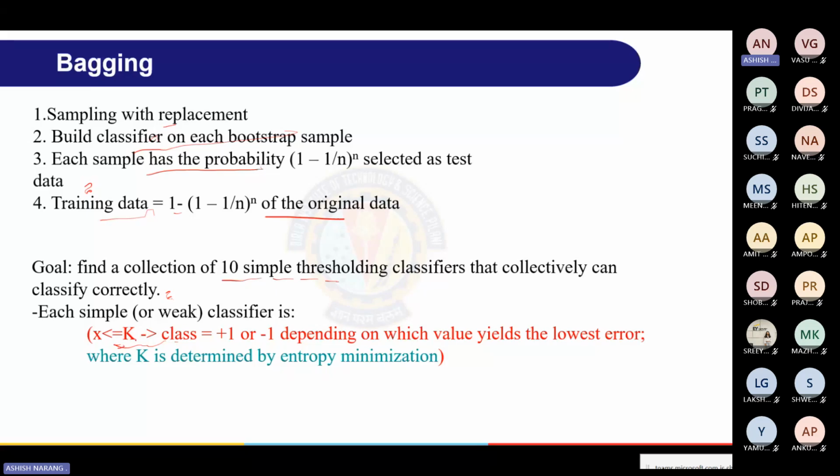Basically, if the x value is less than k, you say the class is +1 or -1, depending on which yields the lowest error. And this k is determined by entropy minimization. So some threshold we are going to pick, on the basis of which I am going to classify the record. Now let us understand this.